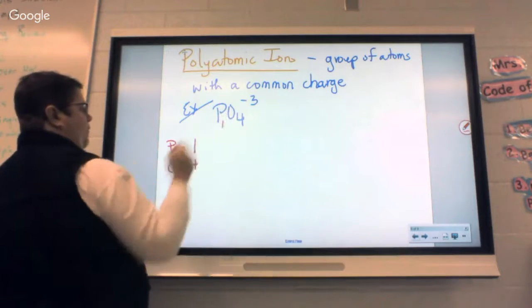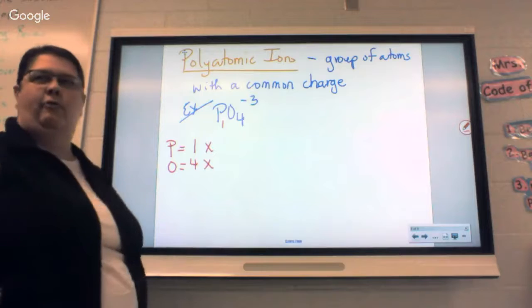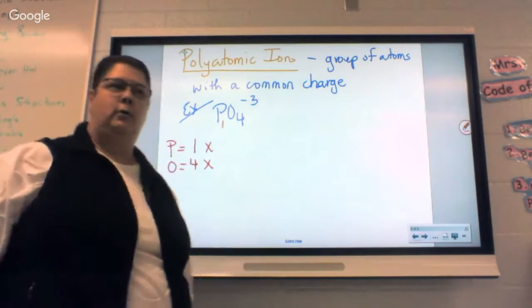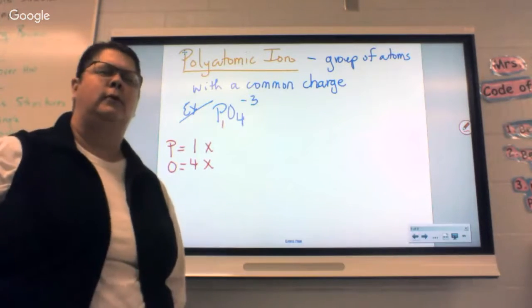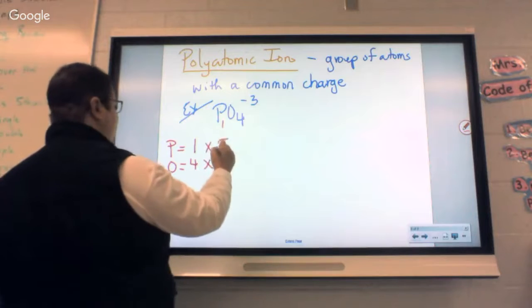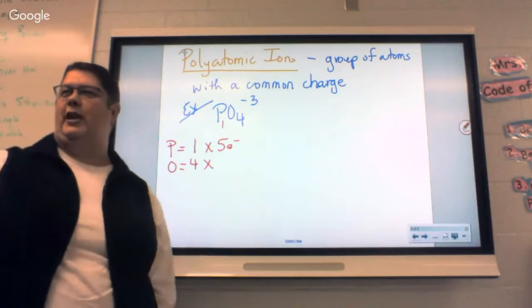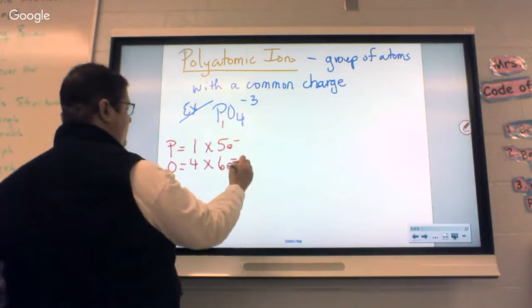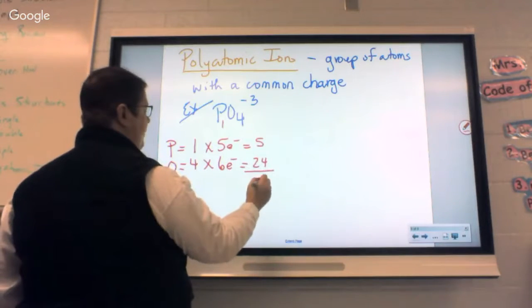Okay, 1 P, 4 O's. How many outer shell electrons does P have? What group is it in up there? Stop trying to do it without looking at the periodic table. 5. Oxygen has how many outer shell electrons? 6. So 24, plus 5, you get 29.